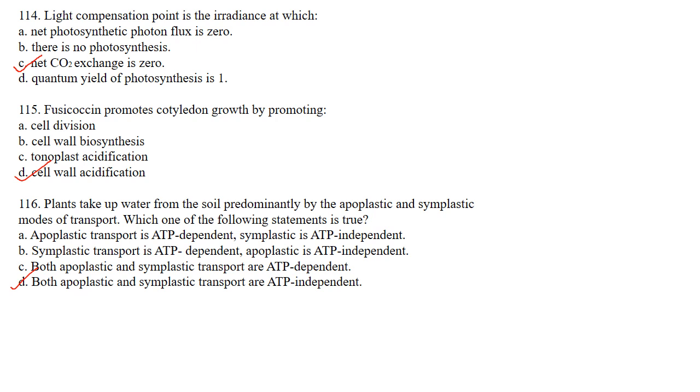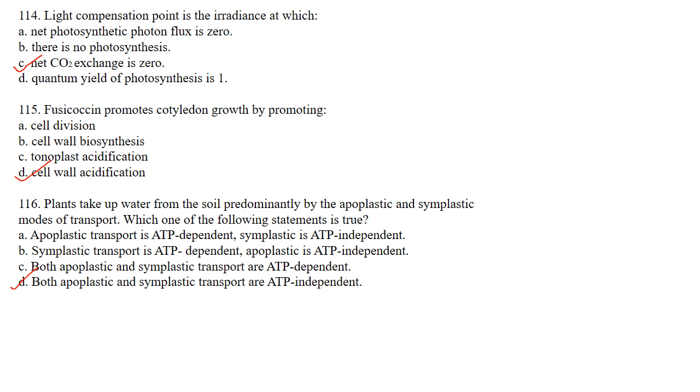Answer is option C. Then fusicoccin promotes cotyledon growth by promoting. Now fusicoccin is a fungal toxin and it induces cells to excrete H+, and that results in acidification of the cell wall, which leads to cell wall loosening and thus cell elongation and thereby growth. So the answer here is option D, that is cell wall acidification.